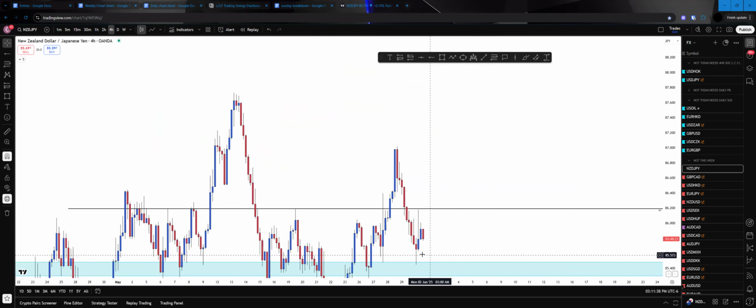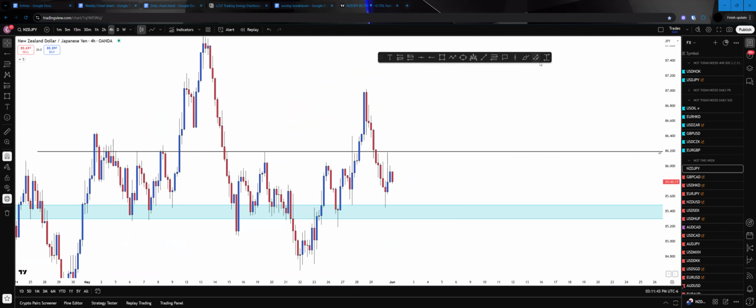The 4-hour is bearish, so the 4-hour needs to shift to bullish. So we'll just do that. It's 4-hour SOS.